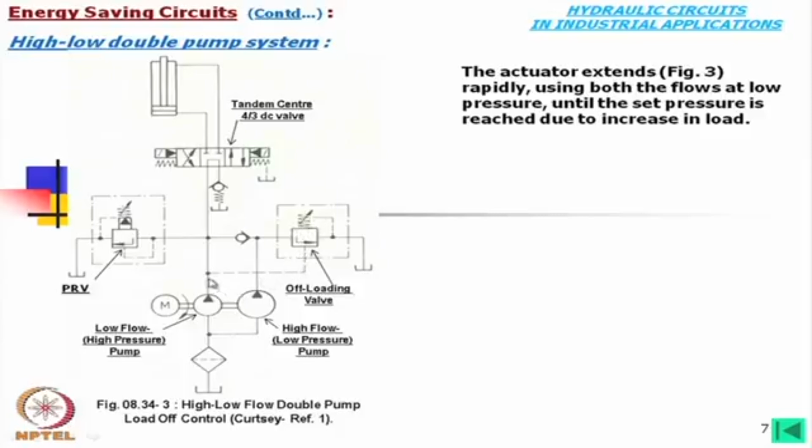If the pressure exceeds, then this will connect this part to tank. Looking into this connection, this works on somewhat differential pressure. That means from this side also pressure is being sensed, and this is called the offloading valve.